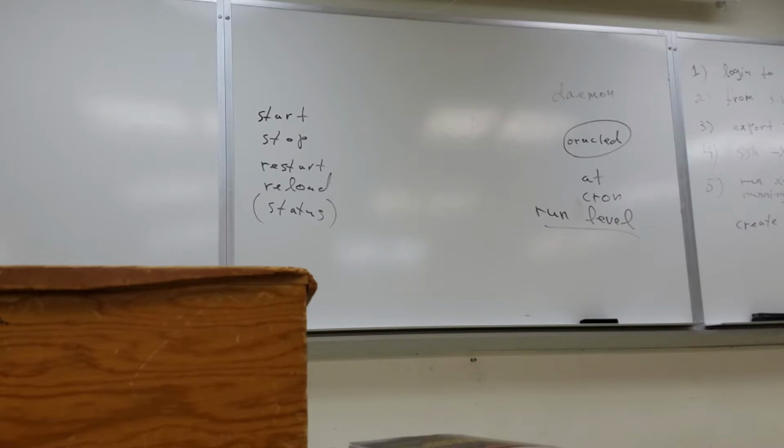Run level 3 simply means the system is using multitasking, multi-user, networking. Following? So that is run level 3. What is run level 5?